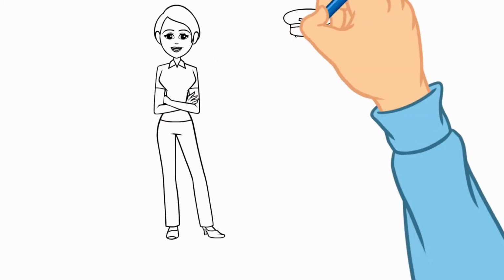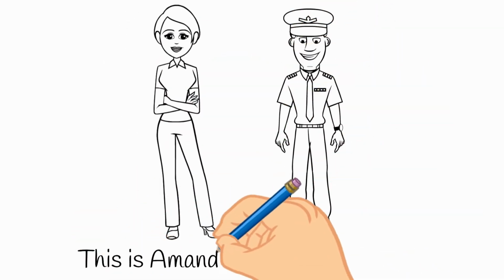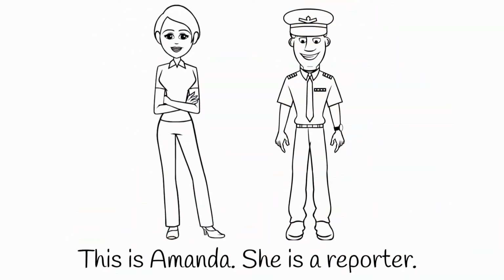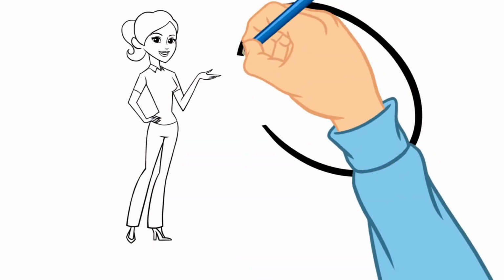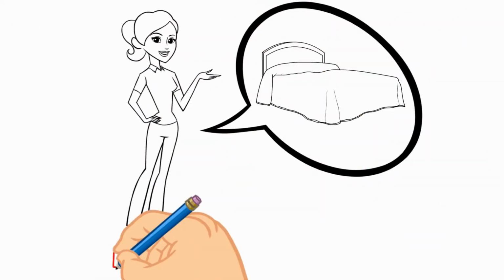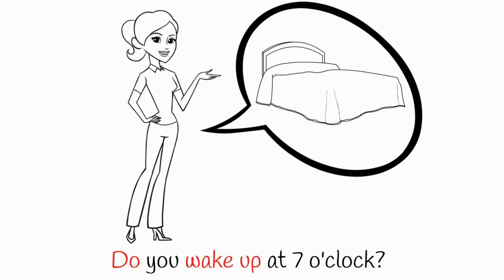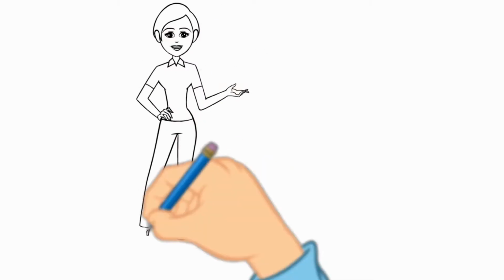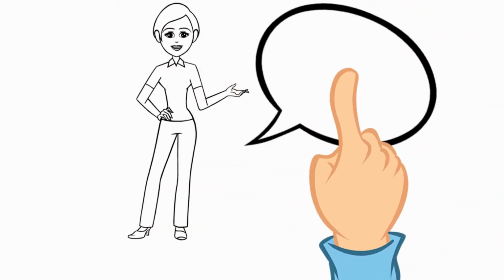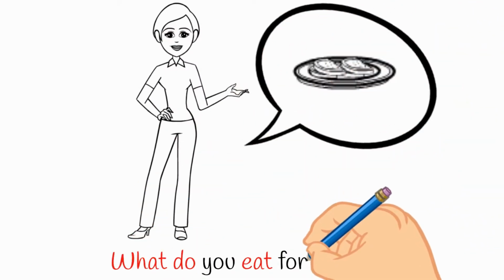Let's start with a few examples. This is Amanda. She is a reporter. There are some questions she has for an interview with Ted, who is a pilot. Do you wake up at 7 o'clock? What do you eat for breakfast?